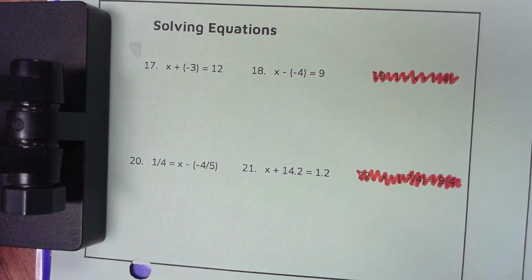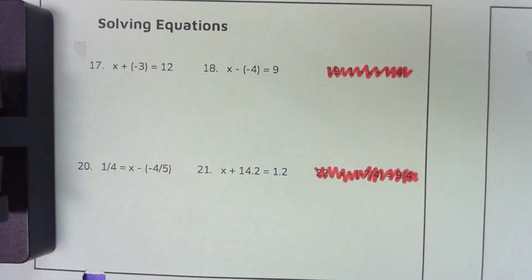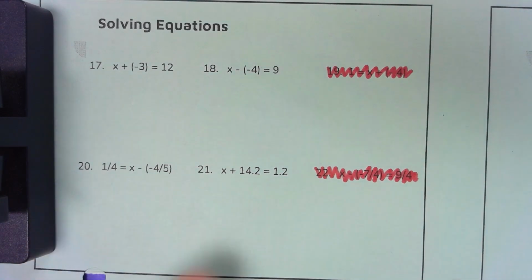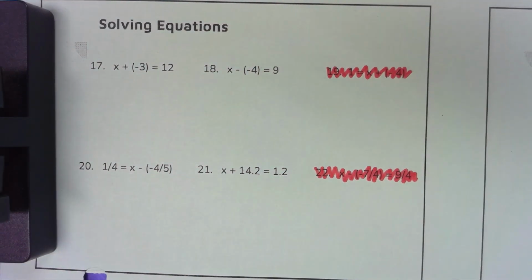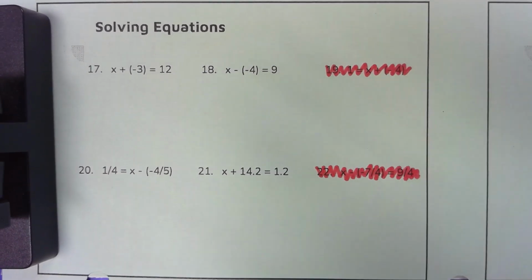Okay, 17, 18, 20, and 21. Make sure you're dealing with your double signs. Figure out what you're going to do with the fraction and decimals. That's why you have calculators. If you don't have a calculator, have somebody in your group pressing buttons and sharing out what they get. We'll do 4 minutes here. Once you finish with these, you can start homework.